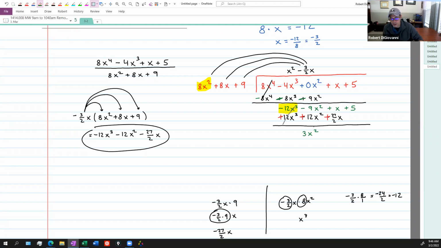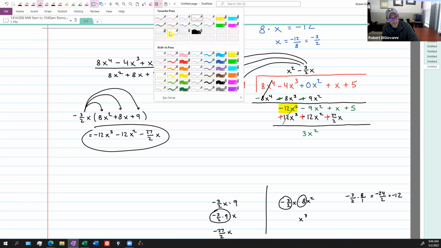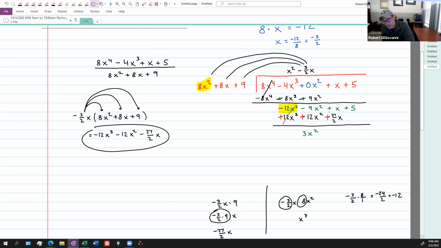And then this one is not fun, okay? These two added together, I'm taking 1x and I'm adding 27 over 2x, which means I need to add the two numbers together, right?